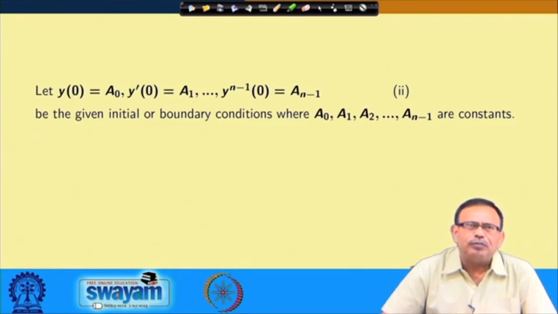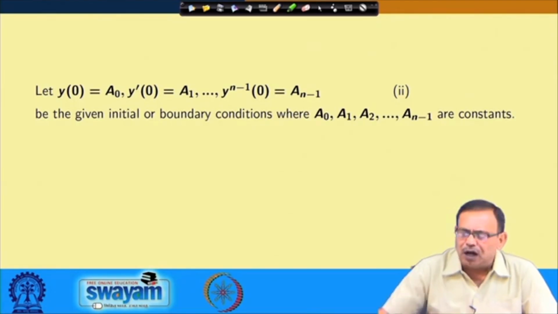We are assuming a set of initial or boundary conditions are given, like y(0) equals a0, y'(0) equals a1, up to y^(n-1)(0) equals a(n-1), where a0, a1, a2, up to a(n-1) are constants.